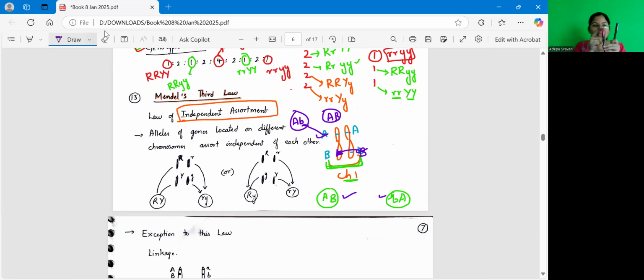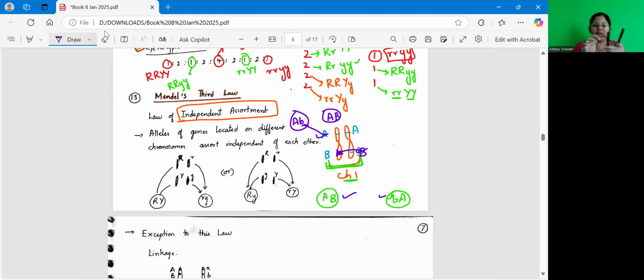Initially, this pink one was present here, and I have exchanged this. So what happened along with this gene? Now a new gene is going towards a gamete. Am I clear? So within an individual set of homologous chromosomes, how the alleles are getting assorted is discussed in the law of independent assortment.